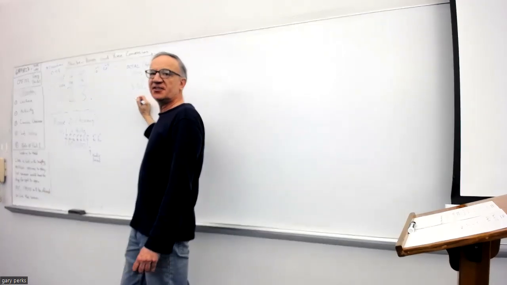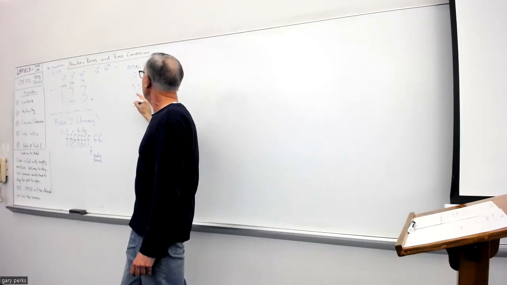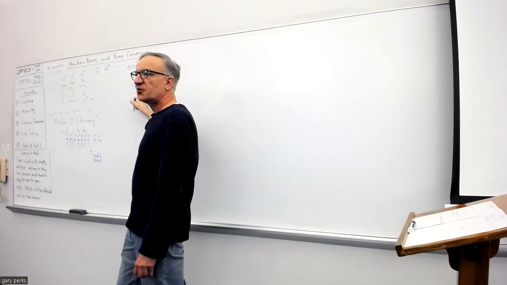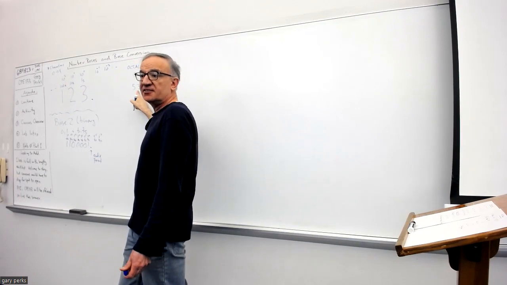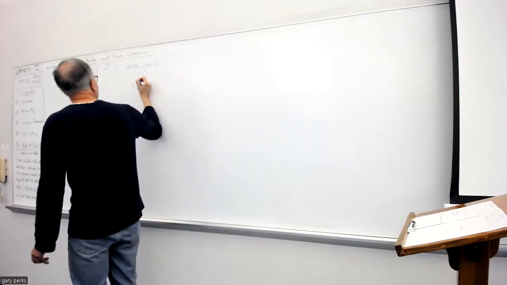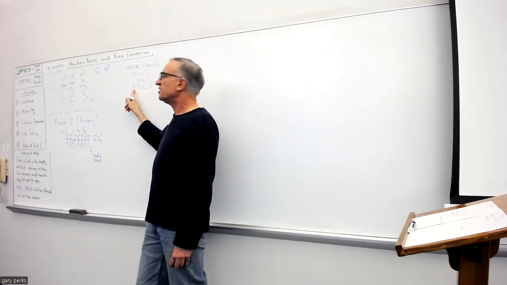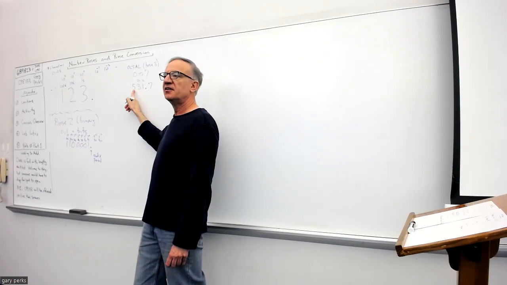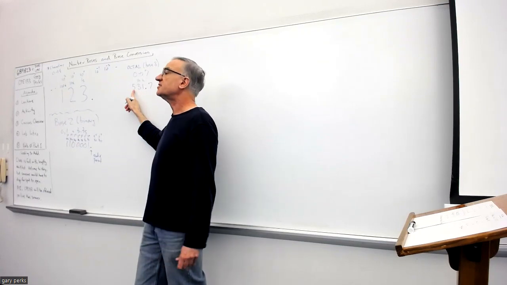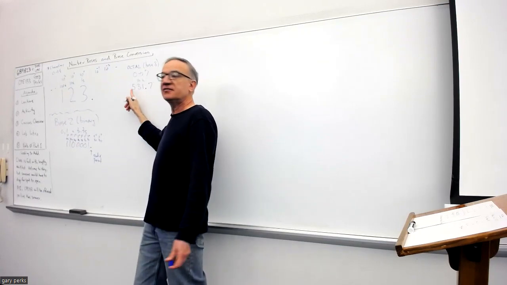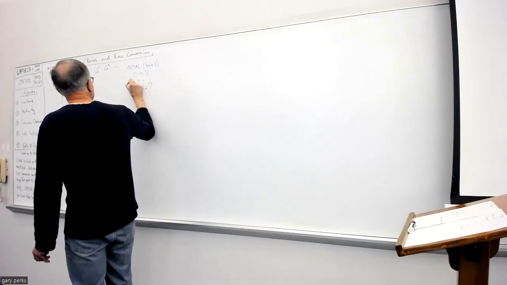Any base to the 0th power, you learned a long time ago, is 1. What would the next column be worth? 8, because 8 to the 1. So this would be your 8s column. And how about this column here? 64s, because it'd be 8 squared. This would be the 64s column.